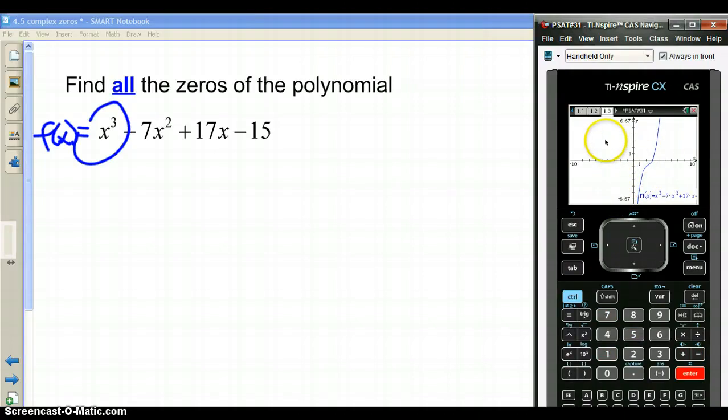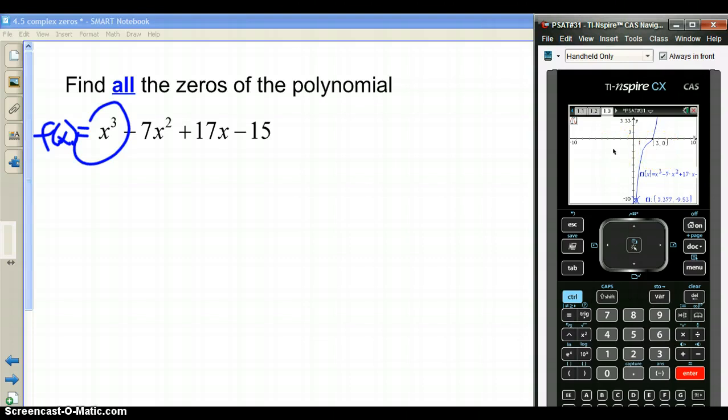If I graph that, you can see that it definitely does cross once. If you perform a trace, if you're not sure, I'm typing 3, and it looks like 3 is indeed a solution. You can see right there.